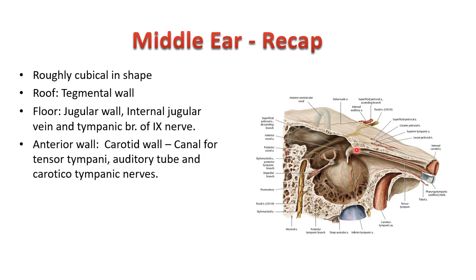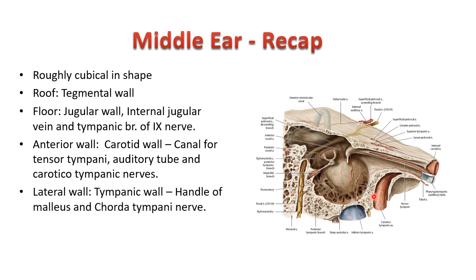Then you have the anterior wall or carotid wall, related to the internal carotid artery, and you see two bony canals. One is for the auditory tube, and the other is the canal for the tensor tympani muscle, and the caroticotympanic nerves also enter through this anterior wall.